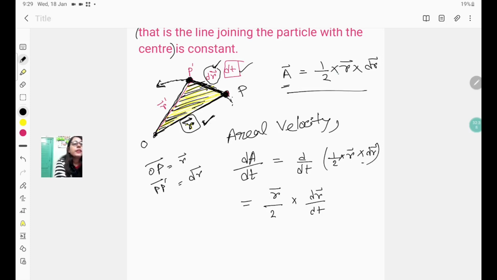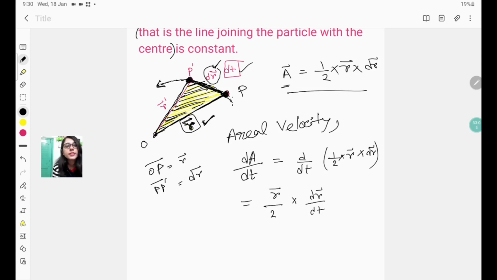We are not taking the derivative of r, we are just taking the derivative of dr with respect to dt. Why? Because r is not a variable quantity here.